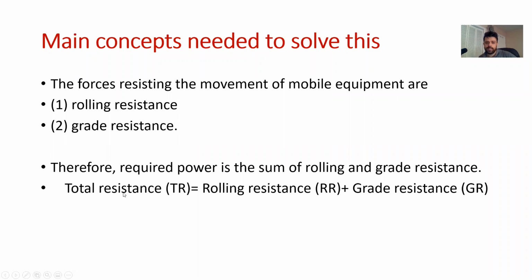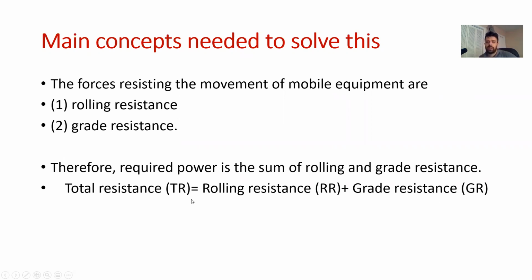The total resistance is the summation of the rolling and the grade resistance. For the machine to move, it has to overcome the total resistance, which is again the RR, or rolling resistance, plus GR, or grade resistance. That's the main concept.